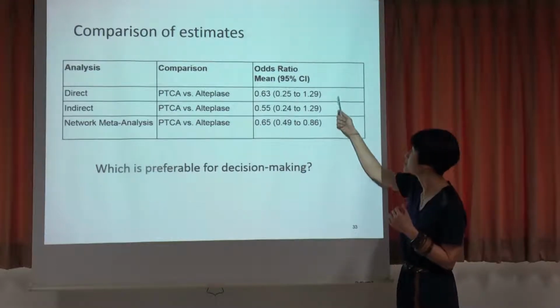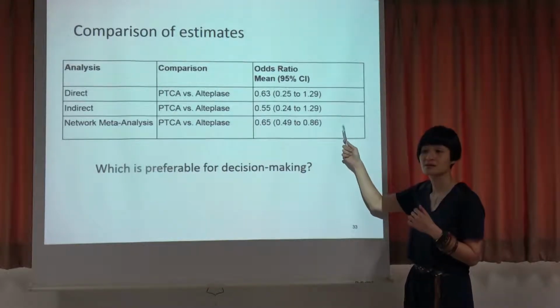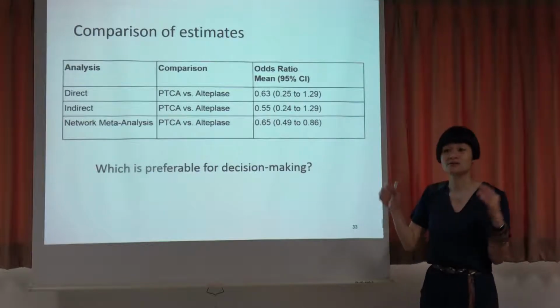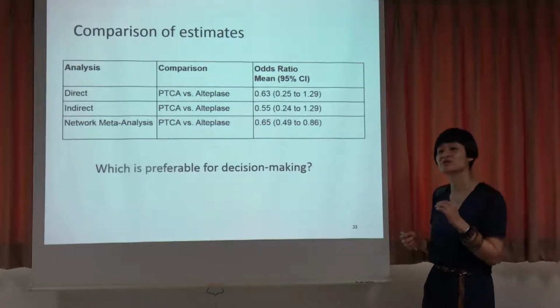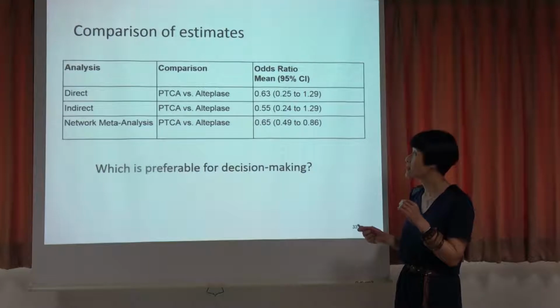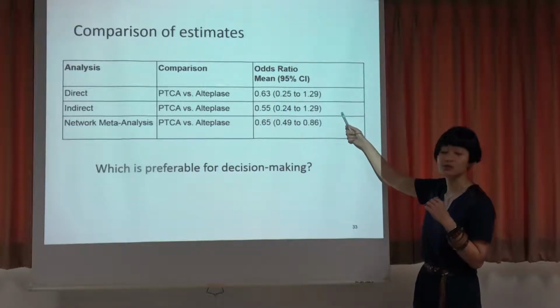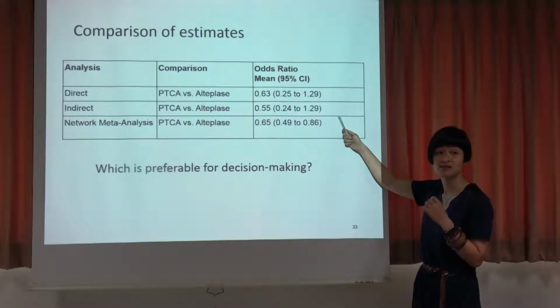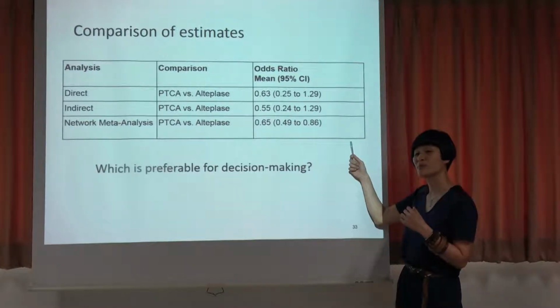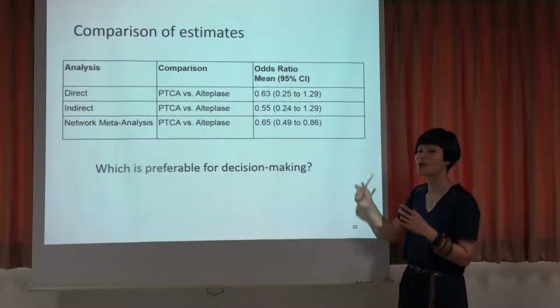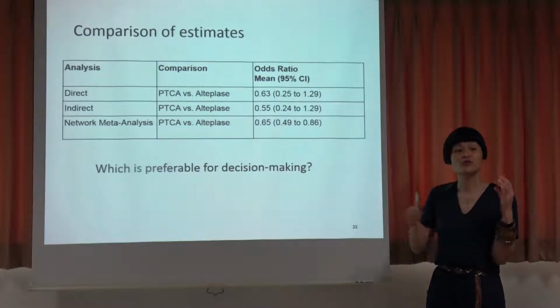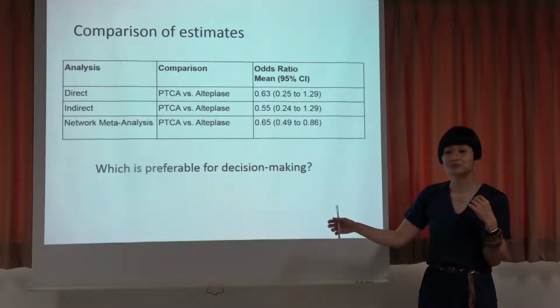But in this case, they are consistent, suggesting that the assumption of consistency is right, and you can then use, so this estimate that we use adjusted indirect comparison to estimate is reliable, and hence the network meta-analysis will give us more power because it's drawing strength from the non-head-to-head studies as well.